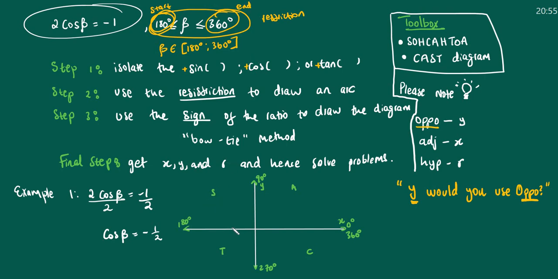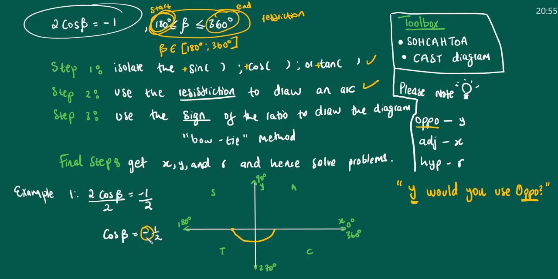So you start on 180, right? And then you're gonna end on what? On 360, like this. This is an arc, right? Now that you have your arc, you then say, okay, done. The next step is to use the sign of the ratio, meaning you're gonna look at your ratio here, look at its sign.